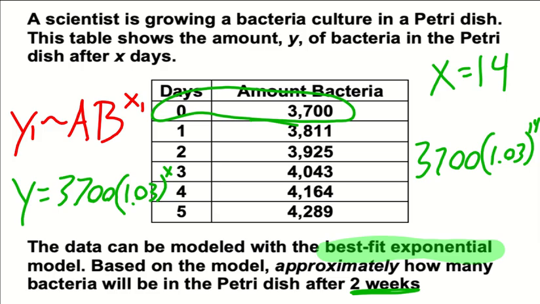Once we do that, when we have our 3,700 times 1.03 to the 14th, we get 5,597. Okay? Any questions on that one?